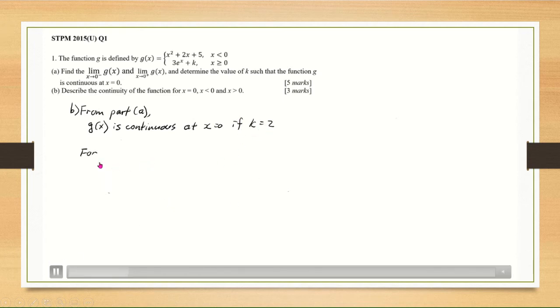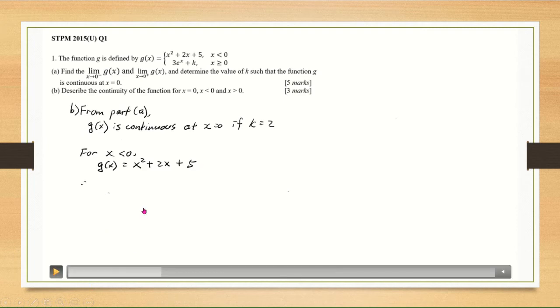Next, we go to x less than 0. When x less than 0, from the question, we can see that the function is x power 2 plus 2x plus 5.